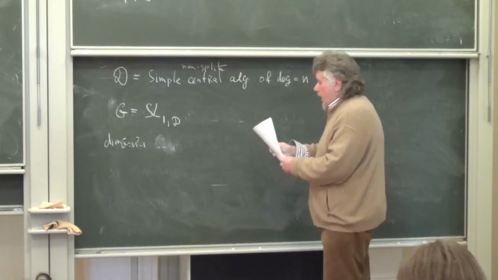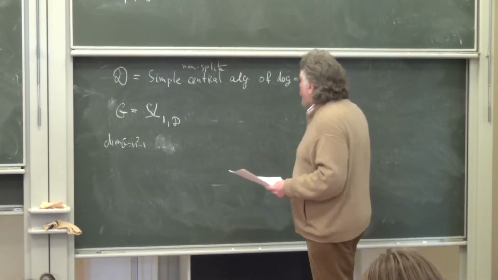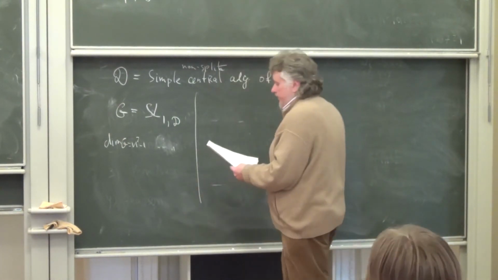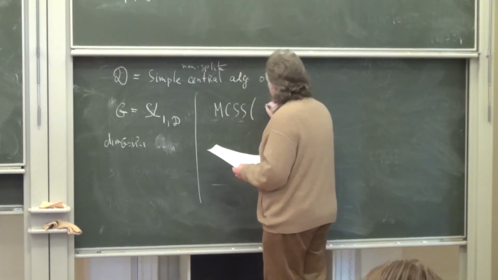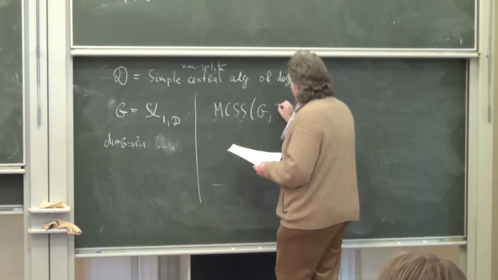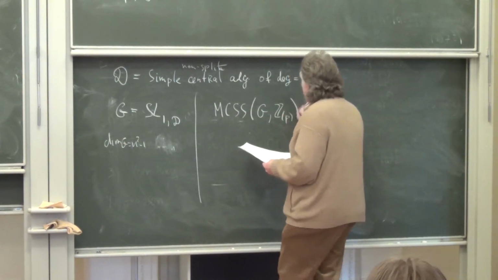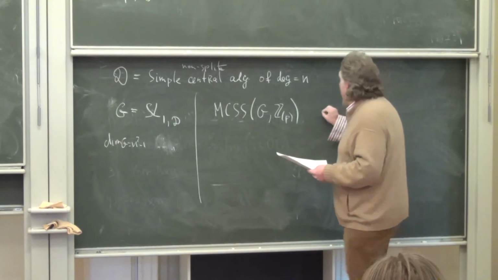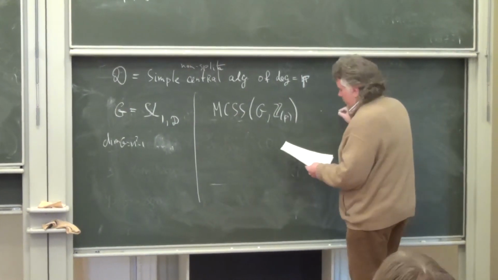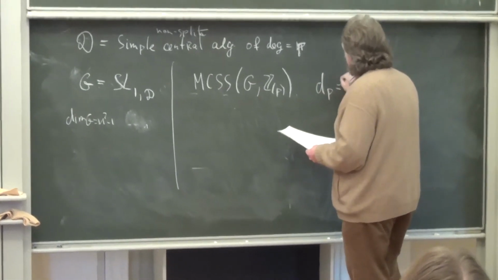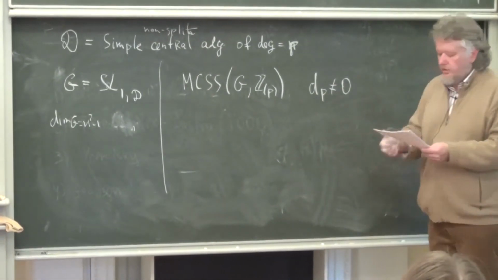Of course. So I claim that if we consider the motivic cohomology spectral sequence of a variety G with these p-local coefficients, G of degree p, then the differential dp is non-trivial.